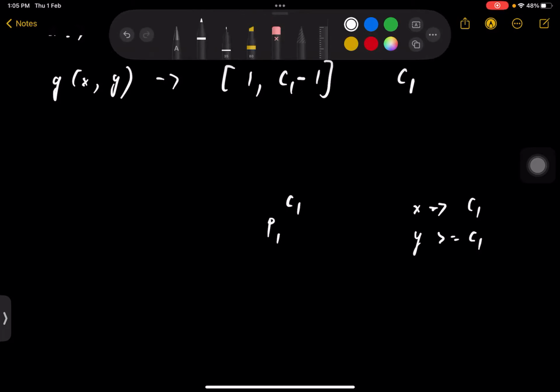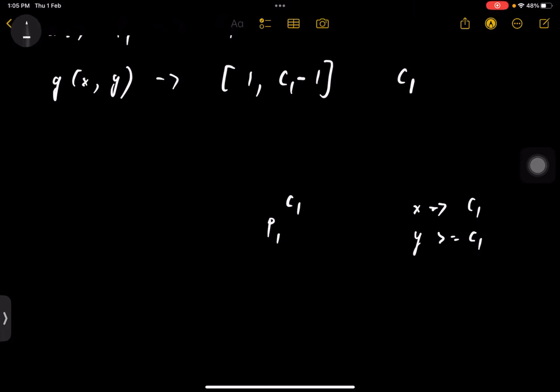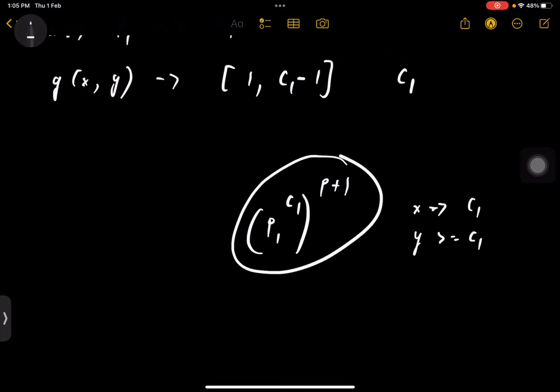But we don't know what exactly Y should have, because we still didn't simplify the RHS. Now we know GCD is P1 power C1, whole power P plus 1. And for now, let's ignore other prime factors. Only for this prime factor, this is what the contribution is.